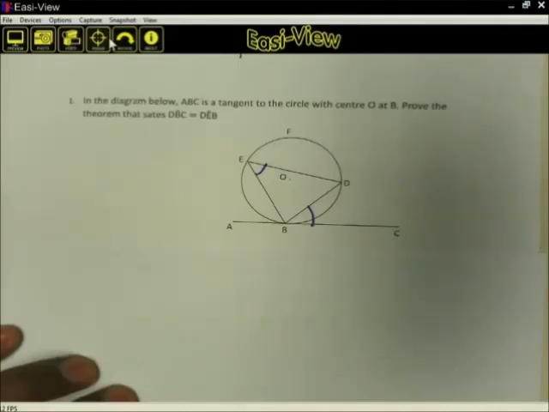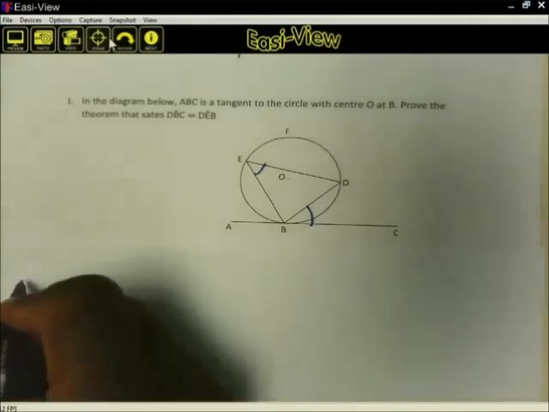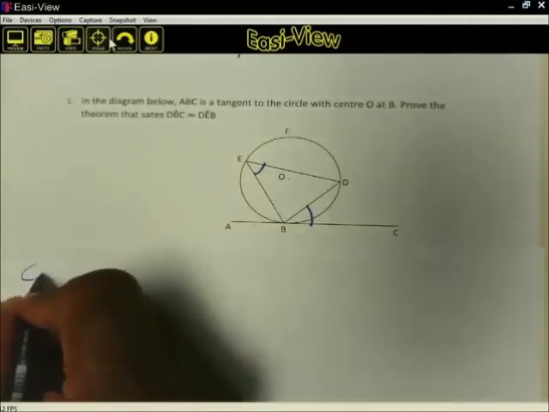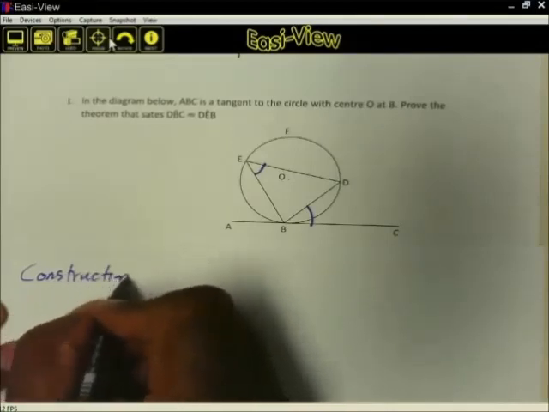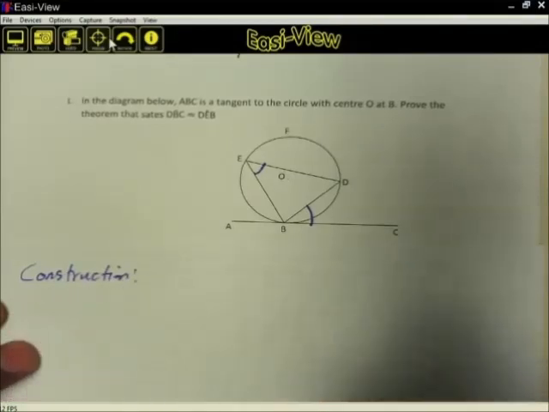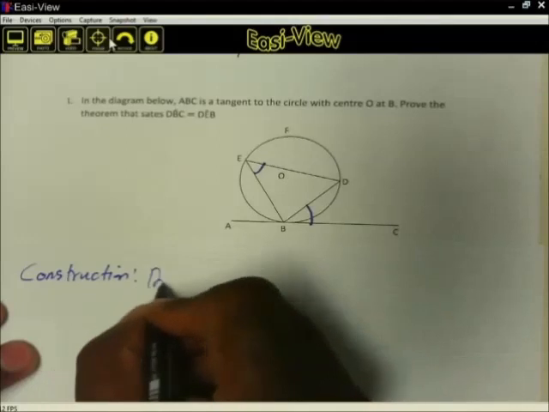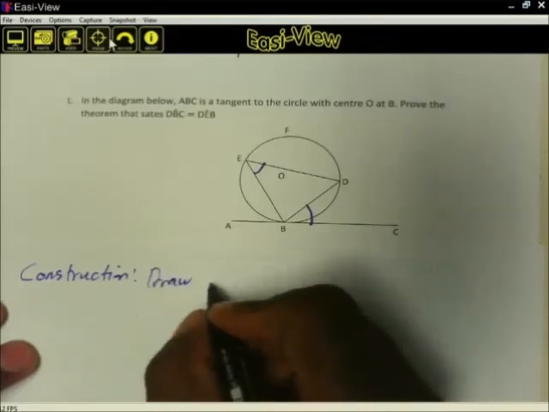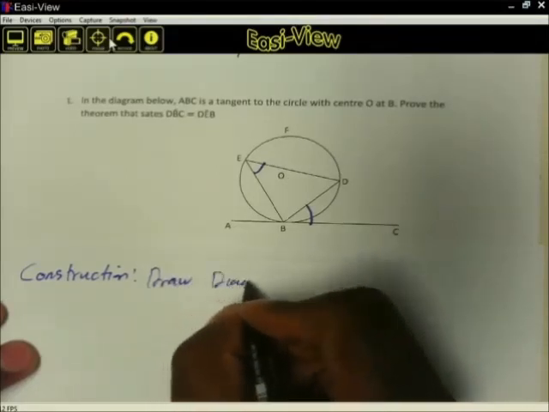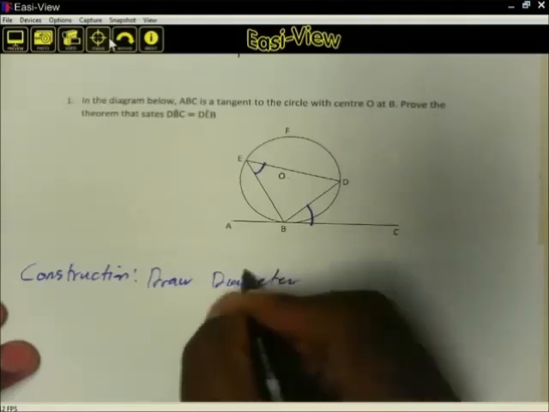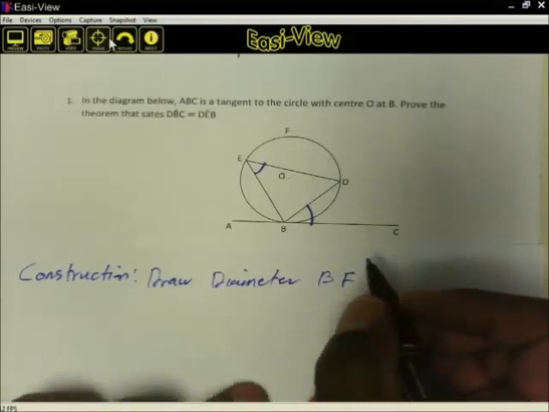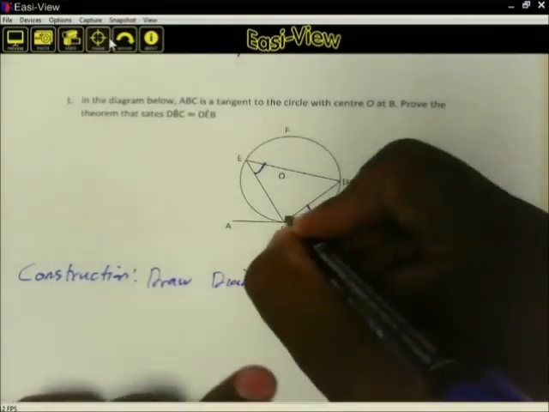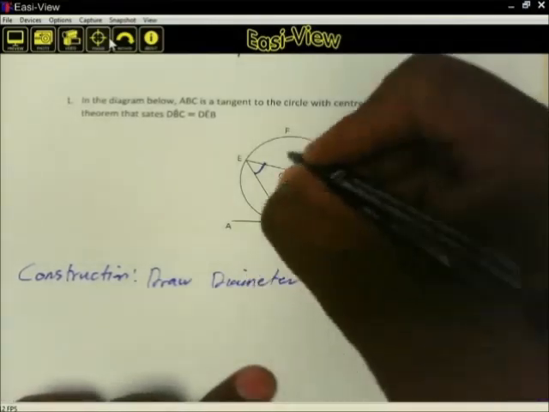Before we can start with the proof, let's start with the construction. In our construction, we draw diameter BF. Let me draw diameter BF. Here it is. It passes through the center.